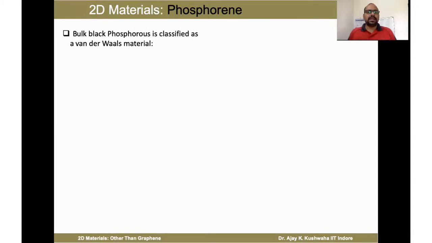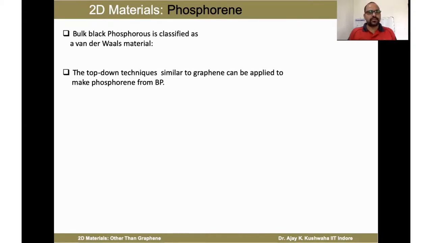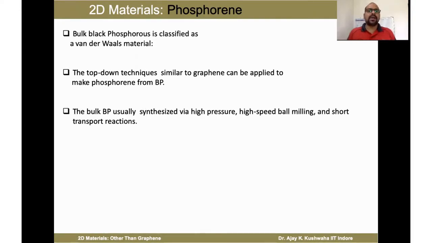If we talk about fabrication or synthesis of phosphorene, here again the bulk black phosphorus has a layered structure, or we can say it is a van der Waals material, similar to graphite. Here also the layers of phosphorus can be detached, exfoliated, and then we can achieve phosphorene. So a top-down technique similar to graphite can be used to fabricate phosphorene from black phosphorus. And how can we synthesize black phosphorus?